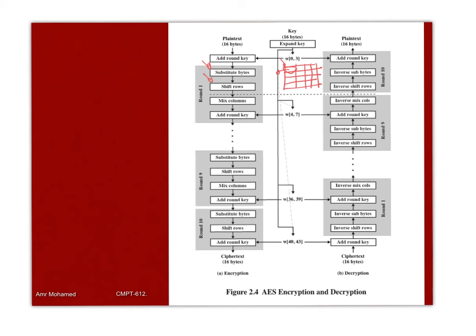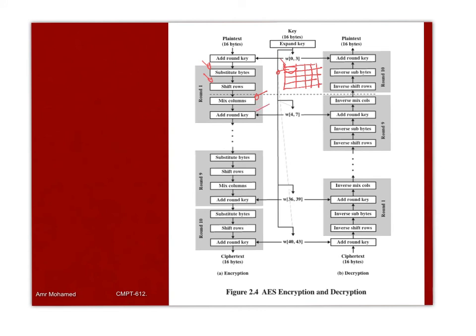Then shift rows is nothing but the fact that we shift the bytes to the left or to the right by one position. Then we do the mix column, which is nothing but a matrix operation. We'll see how this is done.